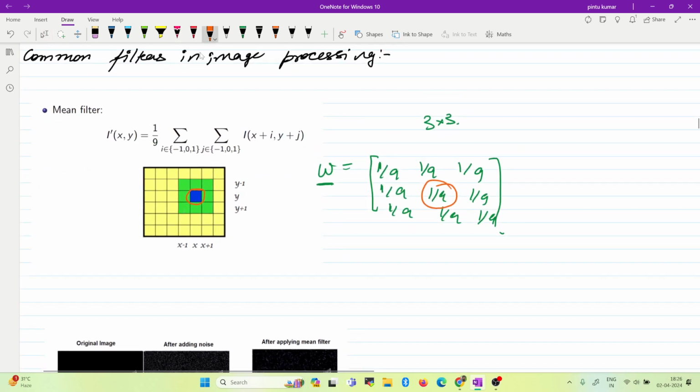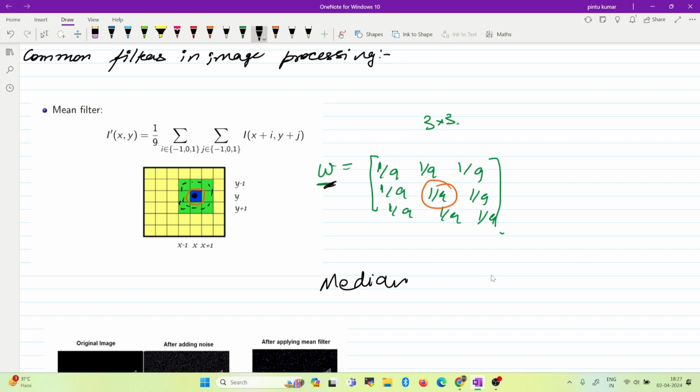Another common filter is known as the median filter. That filter you can't write in the form of a W matrix, but what you do is you place your window over here, look at the median value occurring in this range, and output whatever the median is.